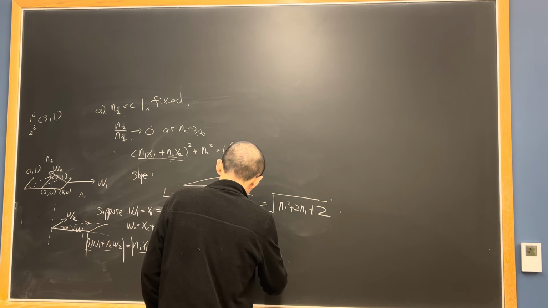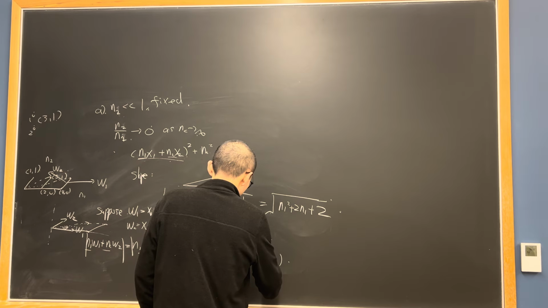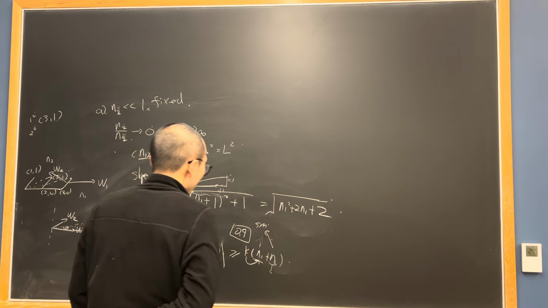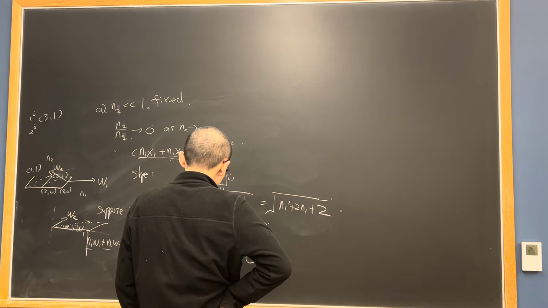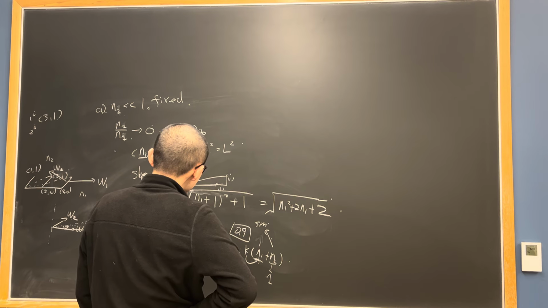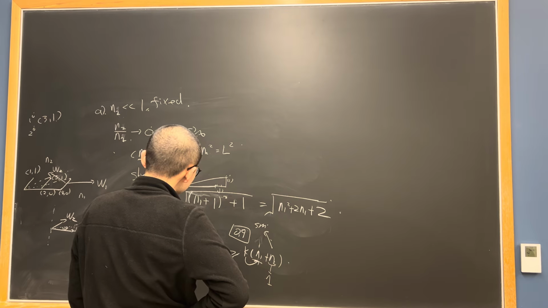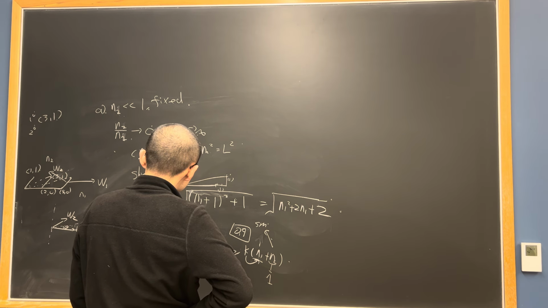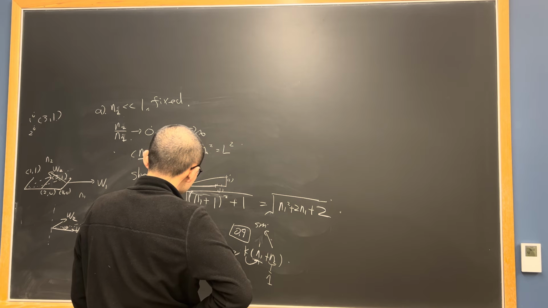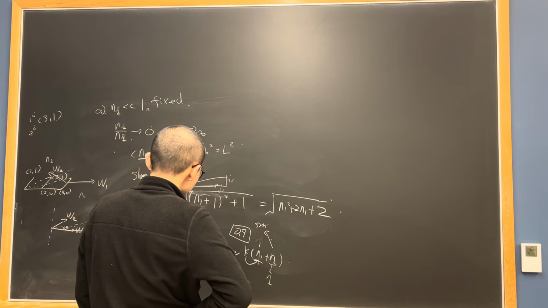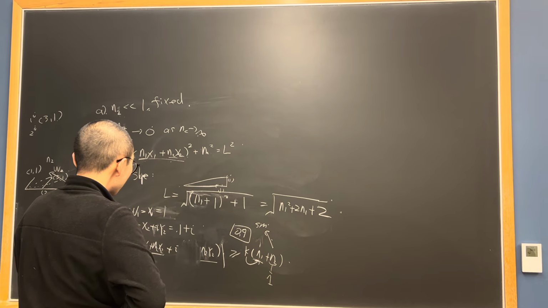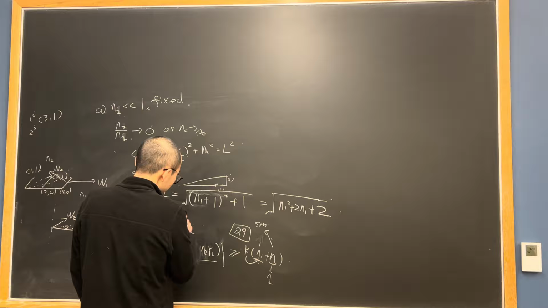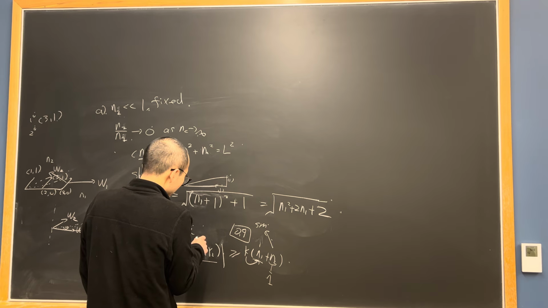I mean, this n2 we just... okay, I mean, this one is definitely bounded below by this guy, right?